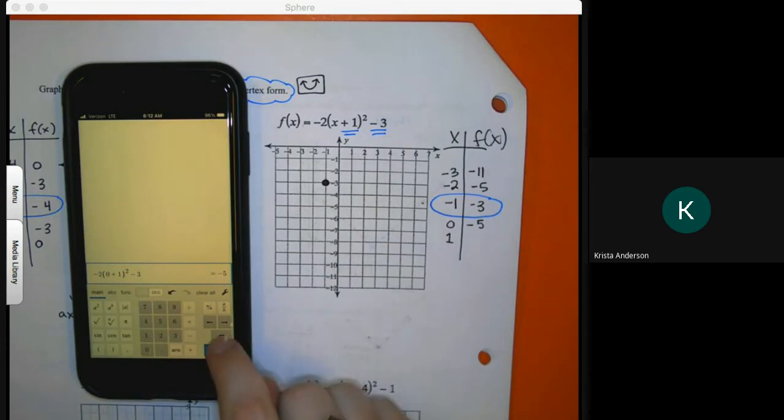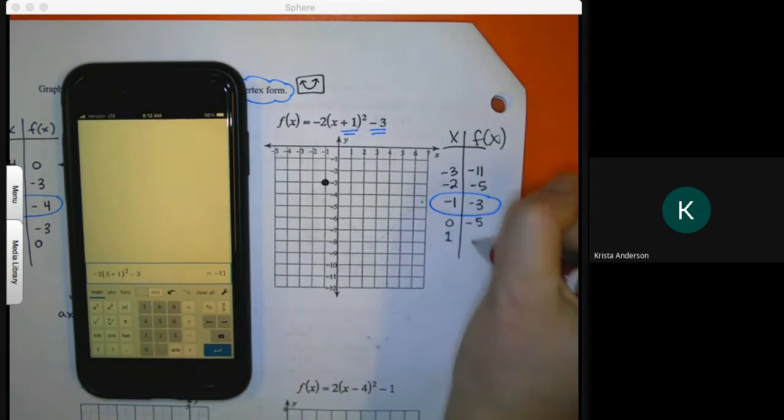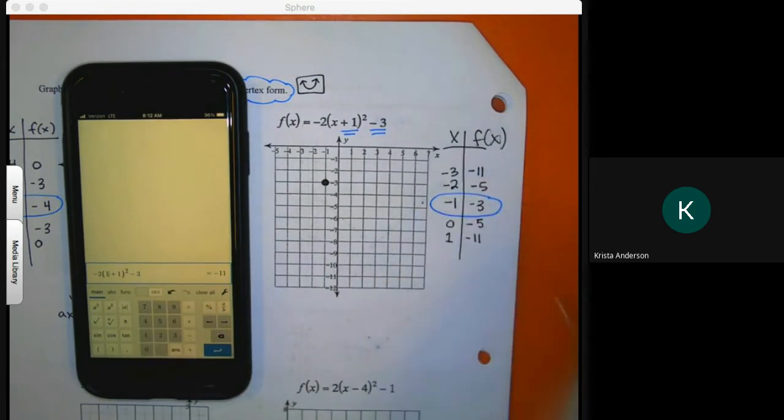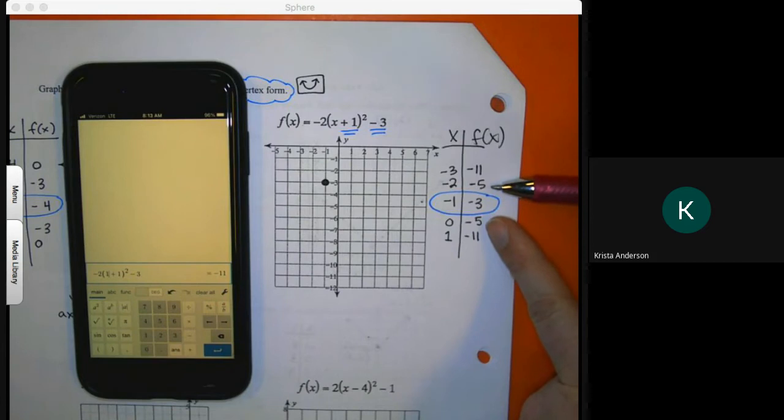I'm going to check. Positive 1 is at negative 11. They are going to match when you move off of the vertex. This is the center. Those two will match, and the top will match.